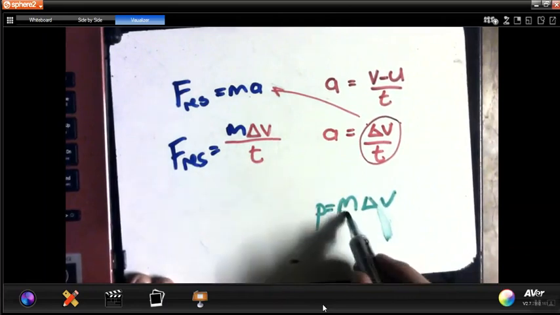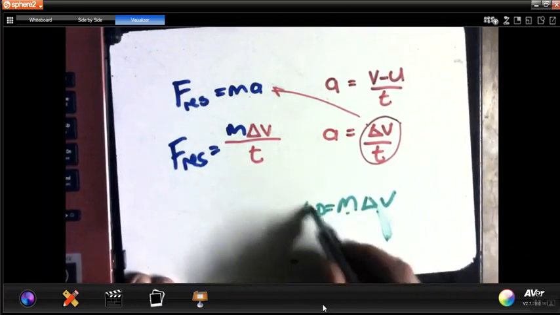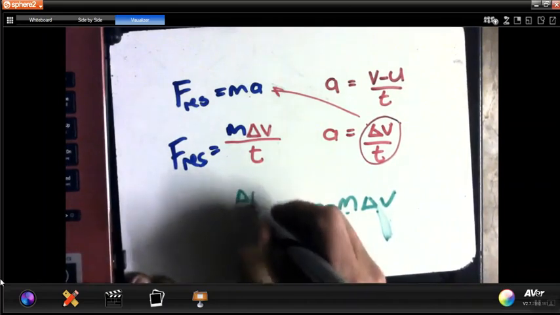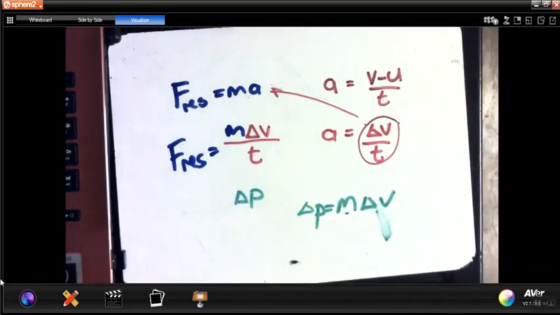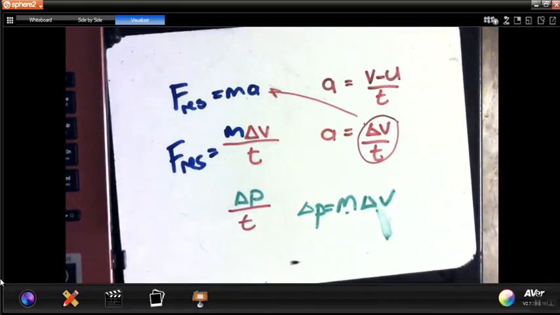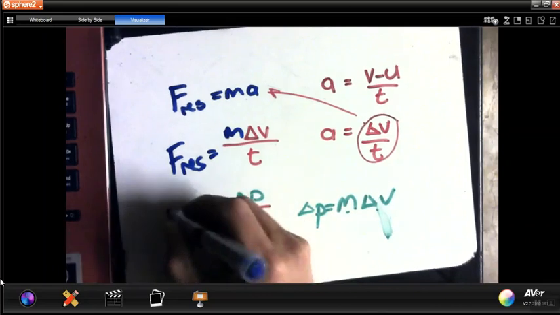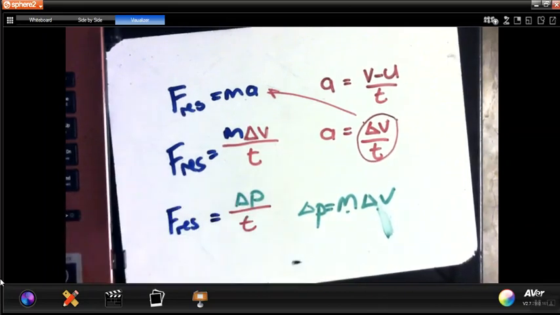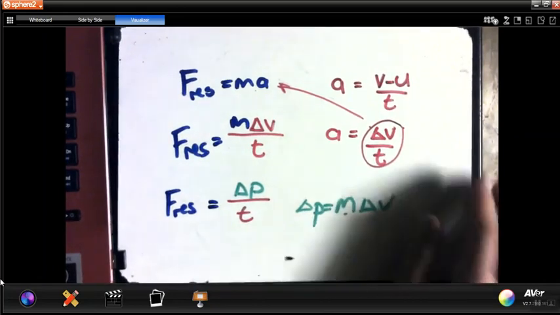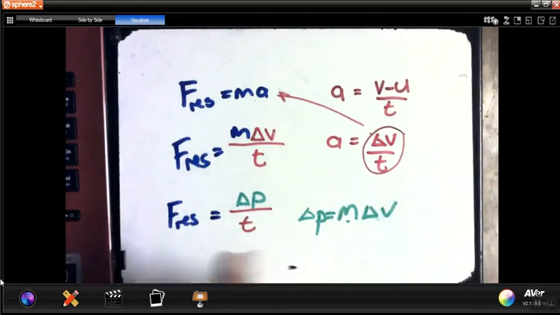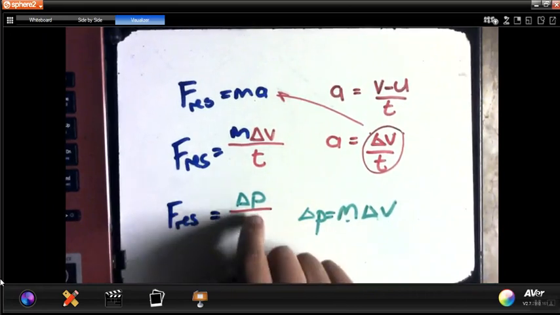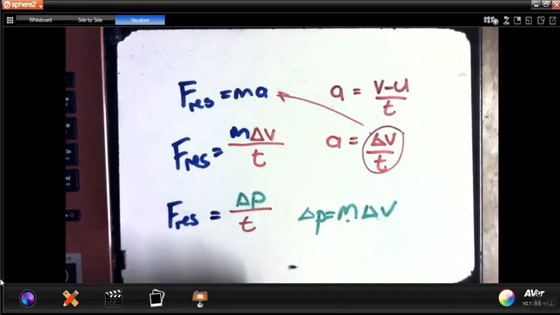So since mass times change in velocity gives me change in momentum, therefore the change in momentum divided by the time is equal to the resultant force. So this is the relationship between change in momentum and force, and why, if the resultant force is negative, I will have a negative change in momentum.